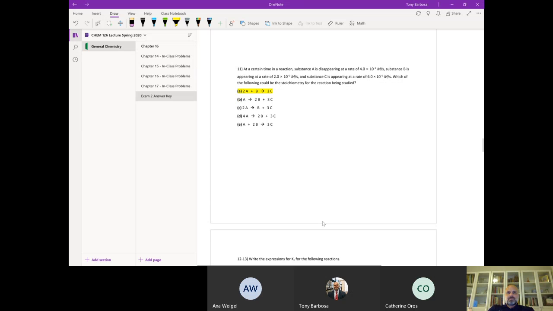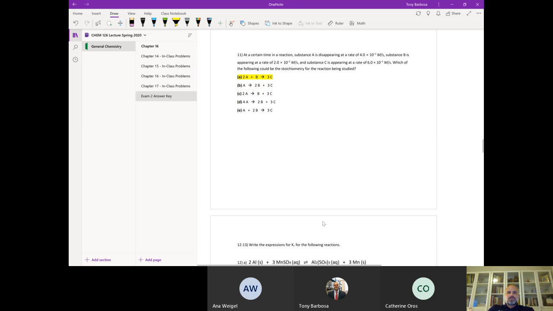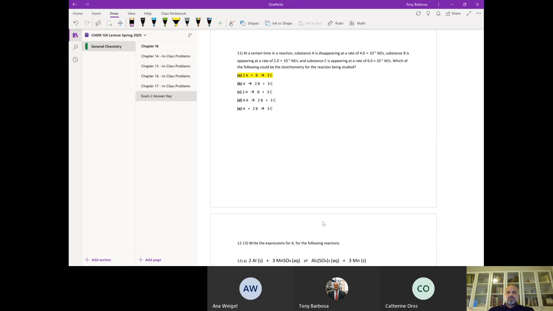This one for some people was a struggle as well. You needed to recognize that the rate of disappearance of A is equal to 4.0 times 10 to the minus 2.